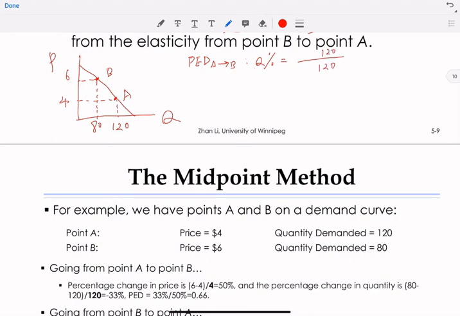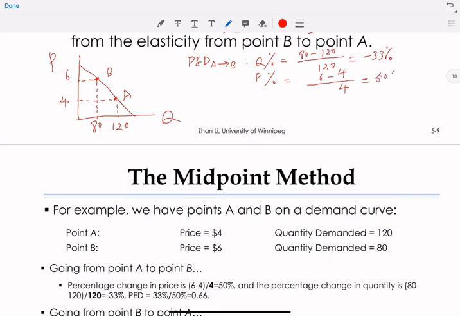At point B, we have quantity 80 here. So this gives us minus 33%. Now what's the percentage change in price? Well, at point A, the price is 4, and at point B, the price is 6.